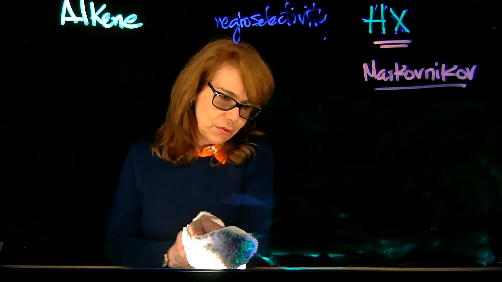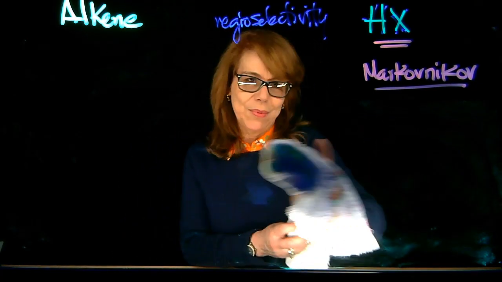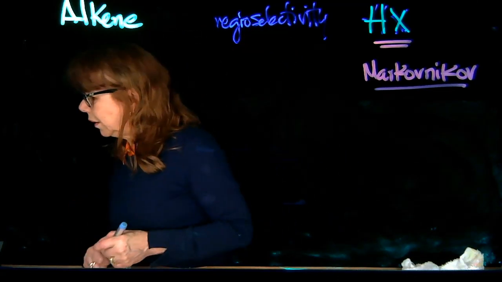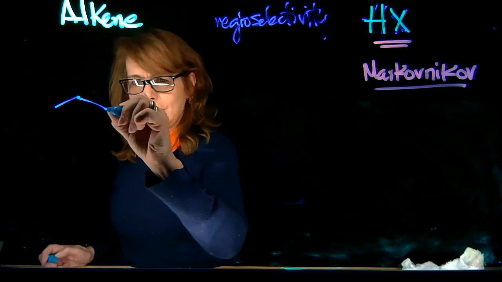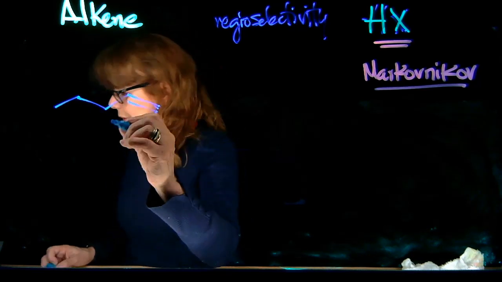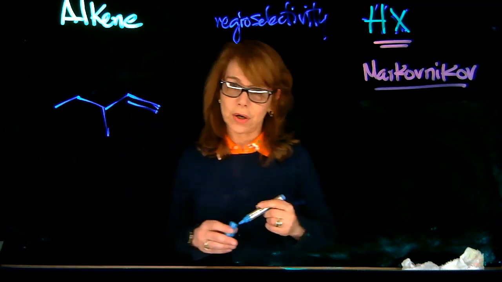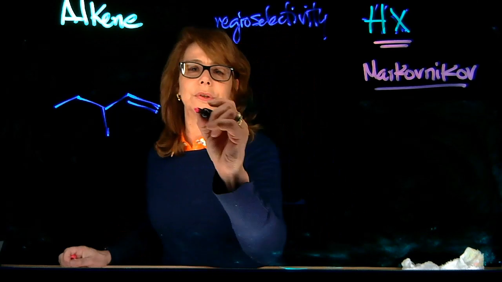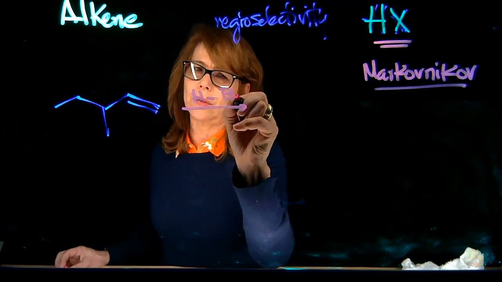And so let's look at the following. Now I'm going to draw something else. There's a double bond here, and I have that. Okay, that's my structure. And so again, I'm going to do a hydrohalogenation, so I'm going to do HBr, one we commonly use.